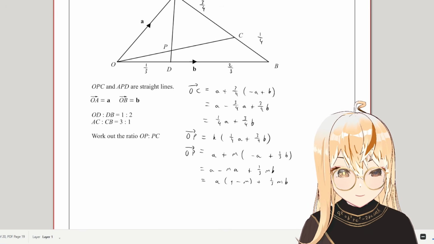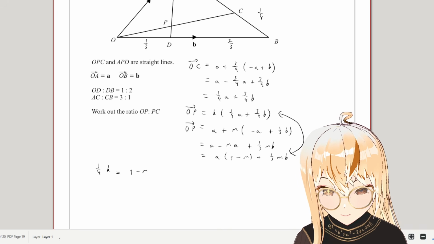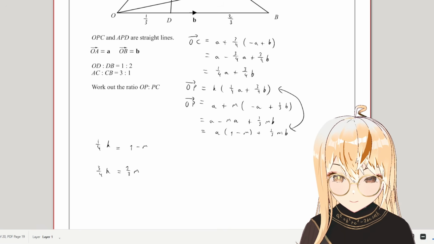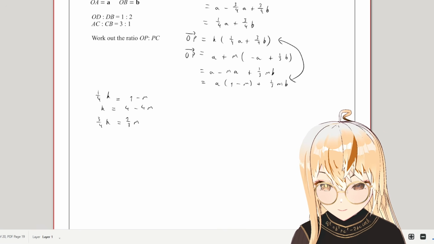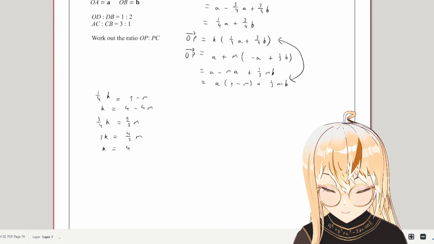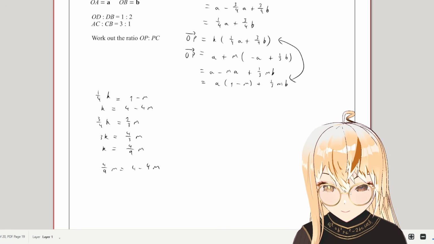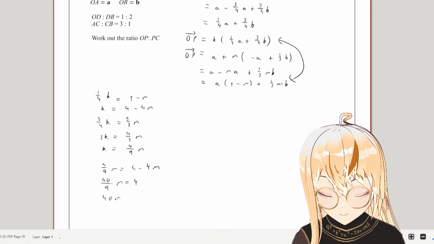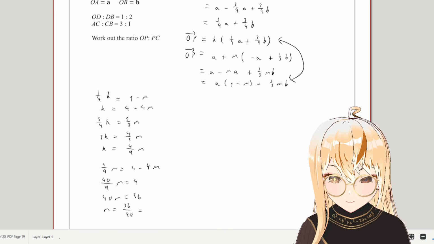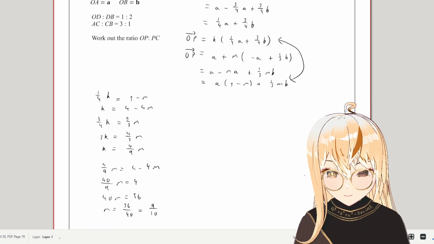And so now we know that these two must be the same thing. And so you can also get k.